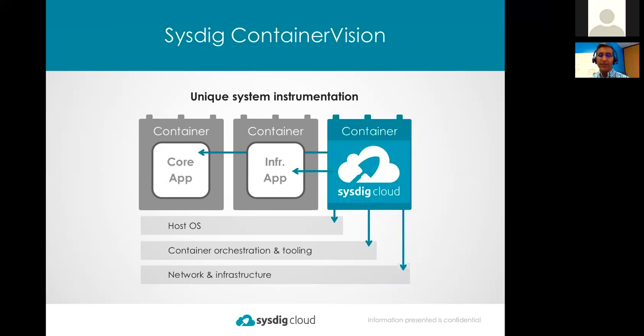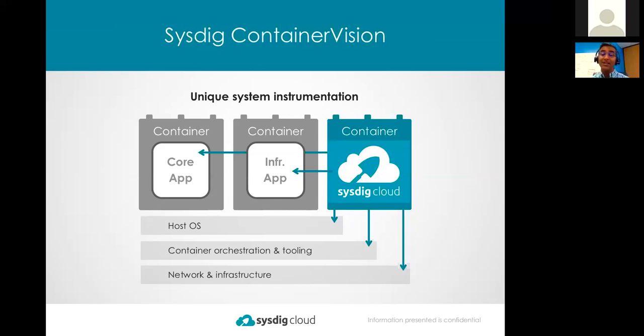Okay, so Sysdig invented this new way of instrumenting systems that we call container vision. At a very high level, you put the Sysdig Cloud agent as a container on each individual host. Based on the way we instrument the system, we can see down into the host, the underlying infrastructure, your container orchestration, but we can also see across inside the other containers running on that host.